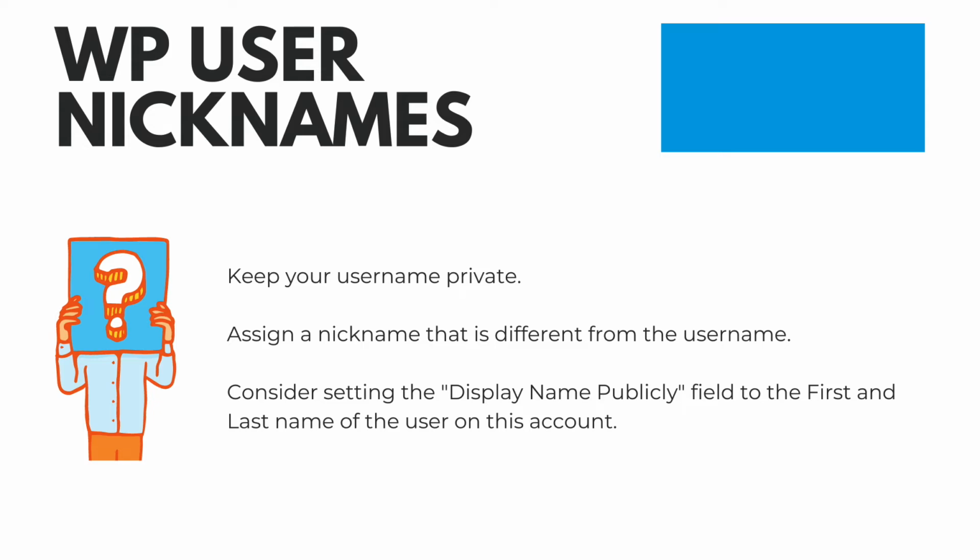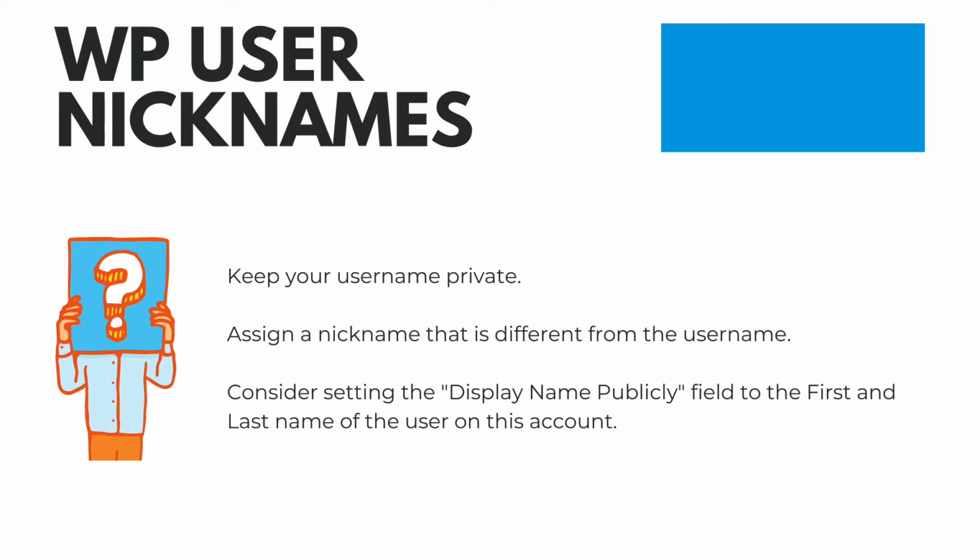It is possible that the parents in your community are really familiar with that person and they interact with them when they come to story time and other events at the library. And it might be nice for them to see that the children's person is making edits to that content on that page. So I wouldn't necessarily advocate against displaying their name here as the display name. Just make sure that their nickname is different from their name or their username.